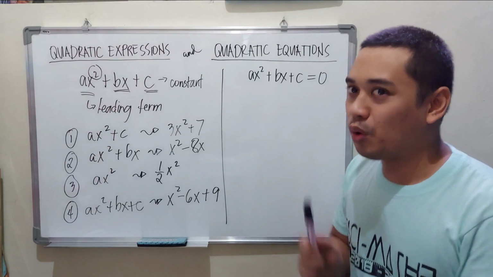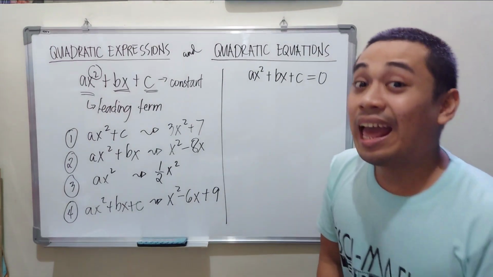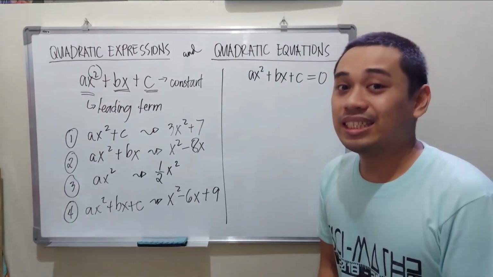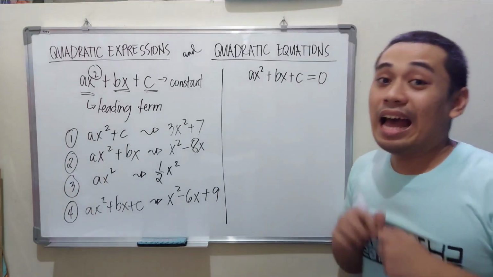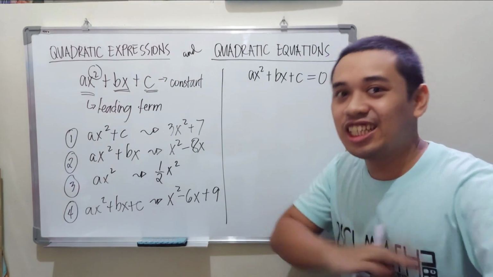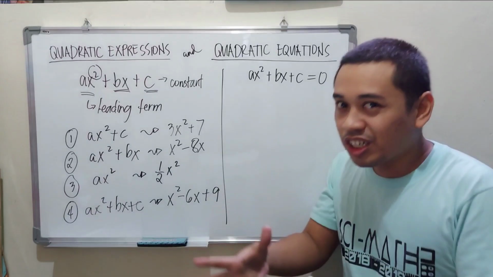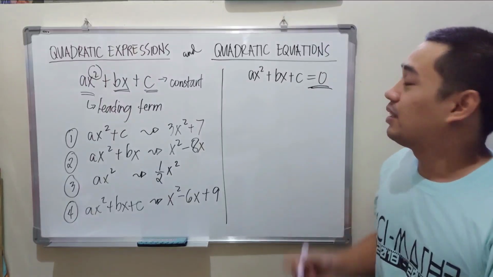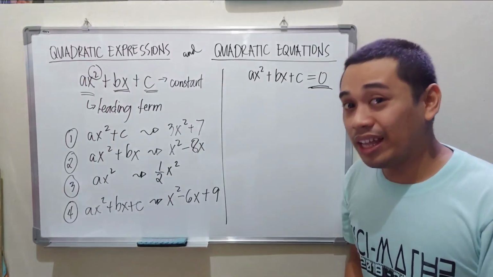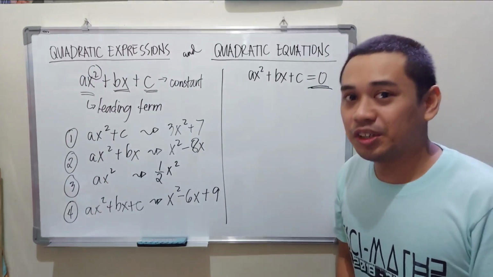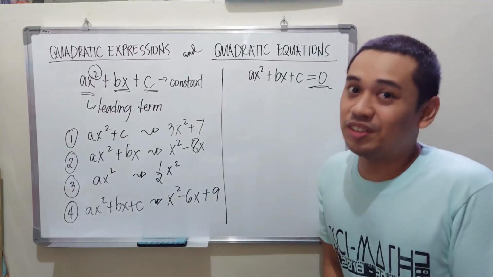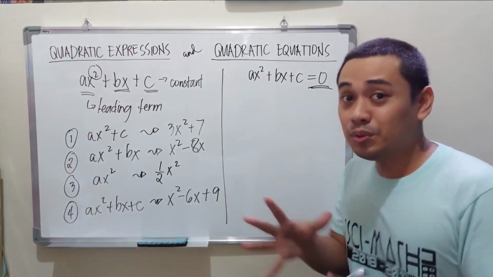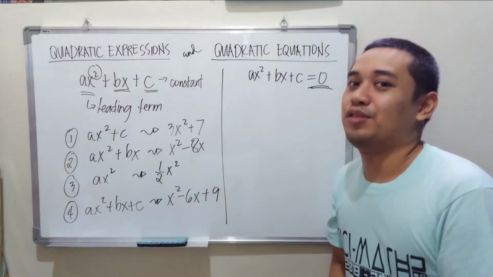Now, the general form of our quadratic equation is in the form of ax squared plus bx plus c equals 0. Ayan. So, ang pinakang changes na nangyari lang po from quadratic expressions to quadratic equation is the part that we have to equate this expression to 0 in such way it will become an equation. From the word itself, equations, it must be equated to another value.